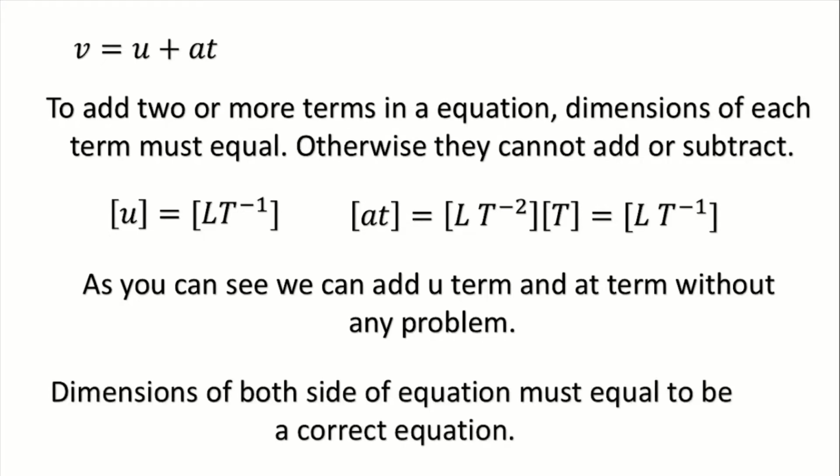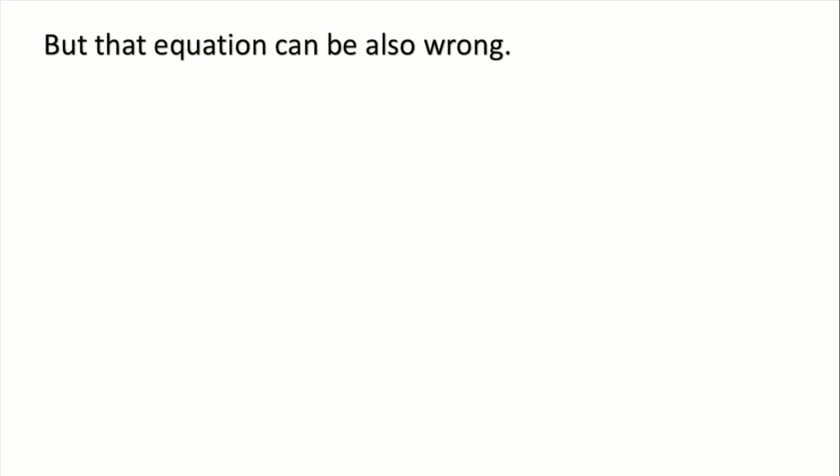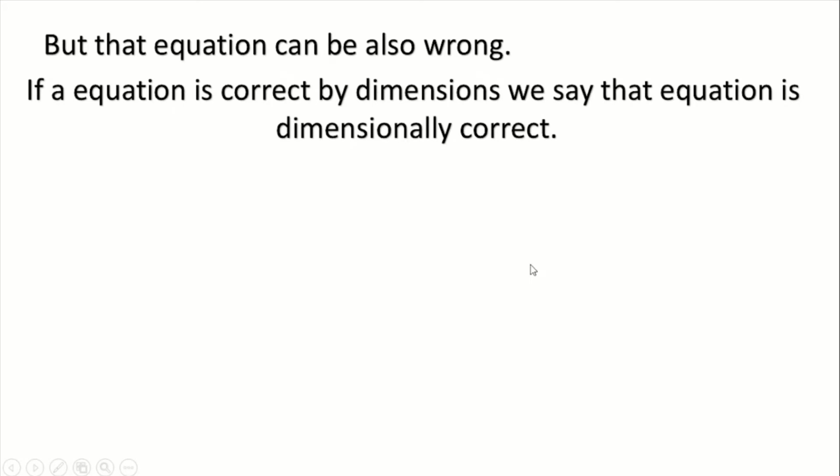The dimensions of both sides of an equation must be equal for it to be a correct equation. If this equation is correct, then the dimension of the left hand side and the dimension of the right hand side must be equal. Otherwise, the equation is definitely wrong. But if the dimensions of both sides are equal, the equation can still be wrong. If an equation is correct by dimensions, we say that the equation is dimensionally correct.